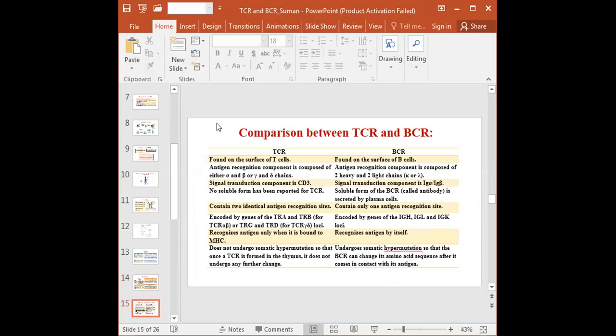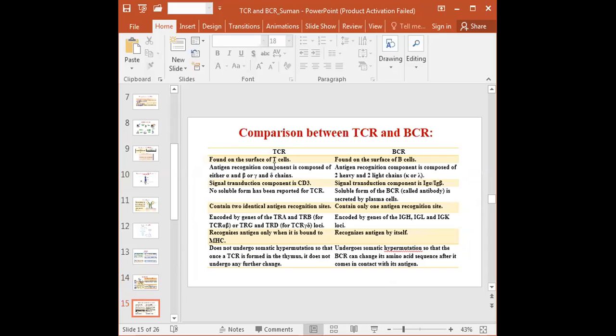The last one is the difference between the TCR and BCR. As we said, the TCRs are present at the surface of the T cell, and the BCR is present at the surface of the B cell. The antigen recognition component is composed of either alpha, beta or gamma, delta in the TCR. In the BCR, it is two heavy chains and two light chains, with the light chains being kappa and lambda.